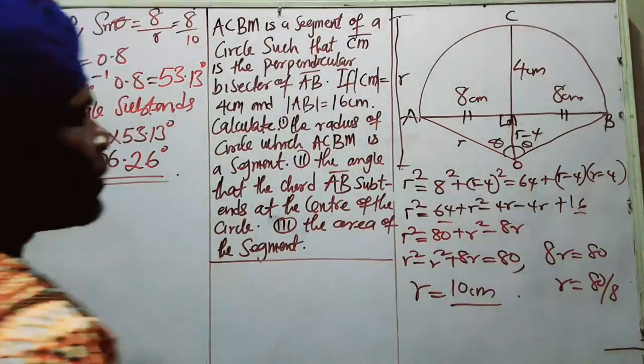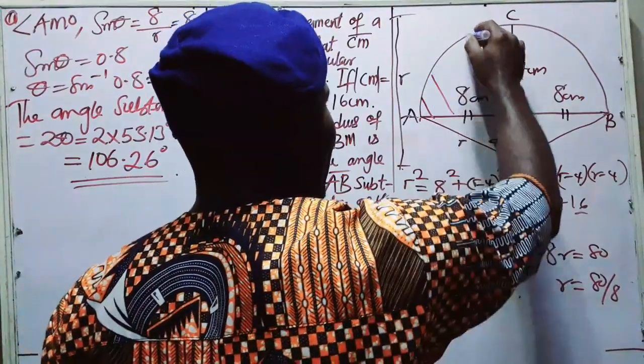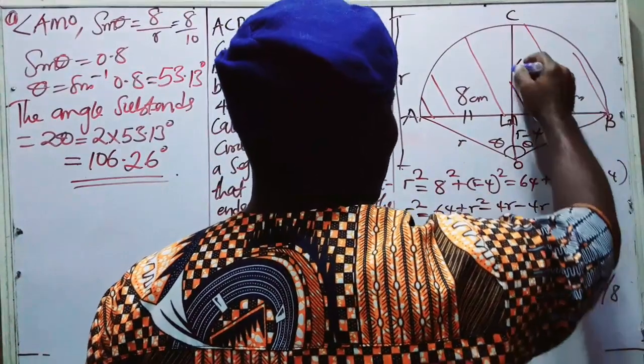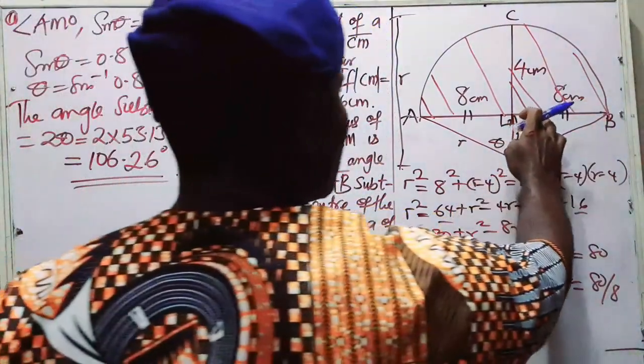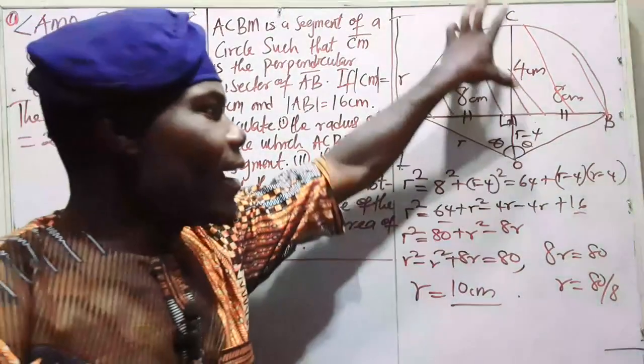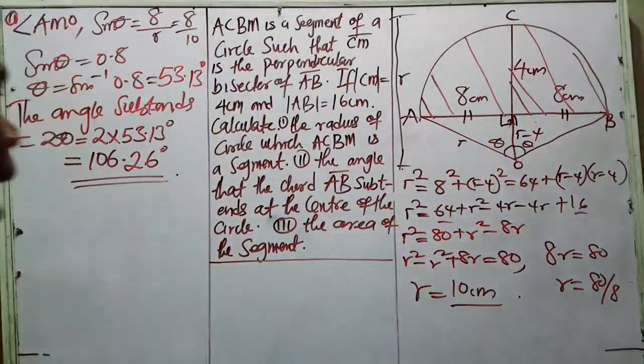The area of the segment. So this is the segment. The question gives the area of this segment. So how can we calculate the area of this segment? In calculating the area of this segment, we first find the area of the sector minus the area of the triangle.